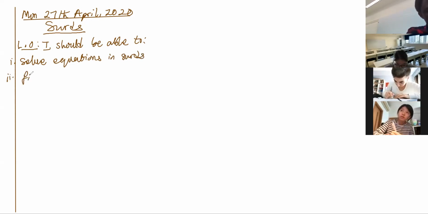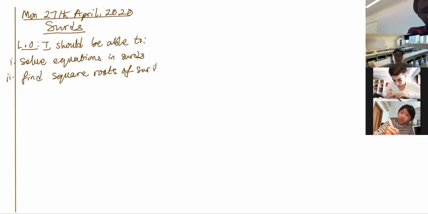Second, find square root of Surds. After these two, we're done with Surds.